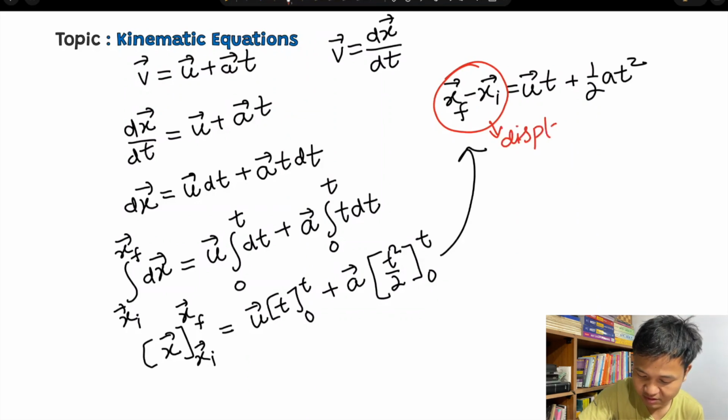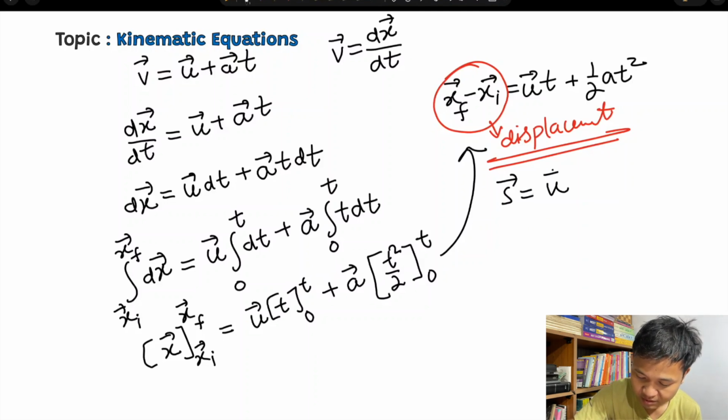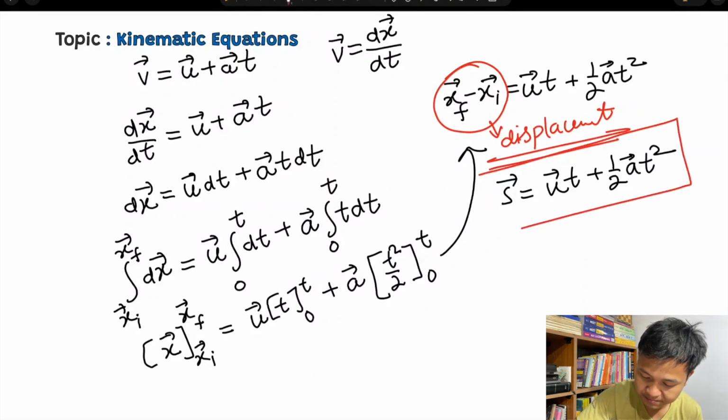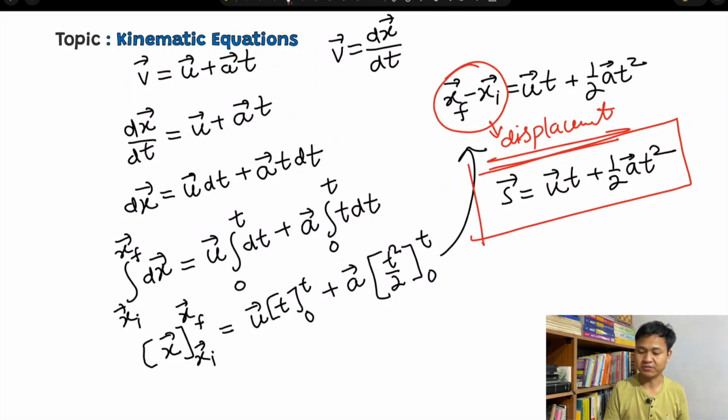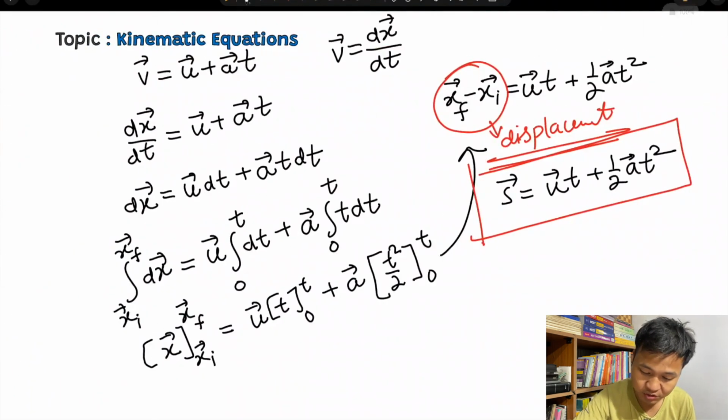So the way to write this equation is s = ut + ½at², where s is the displacement. So this is equation number 2.